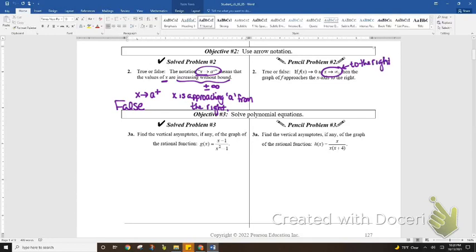And it says f of X is going to go towards 0. Well, Y is going towards 0. Where is Y equals 0? This is the x-axis. So it says the graph of f approaches the x-axis to the right. Is that what that's saying? That is what that's saying, so therefore it is true. Alright, I'm going to stop this video because I want to do 3 and 4 together.